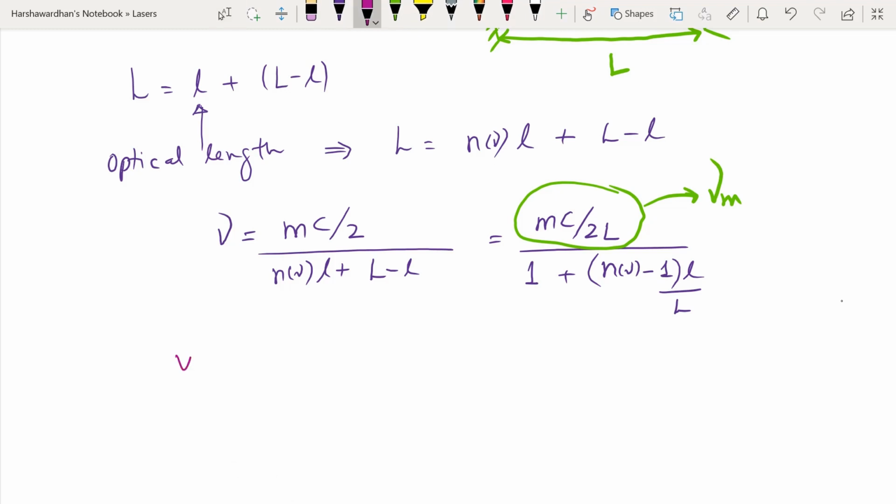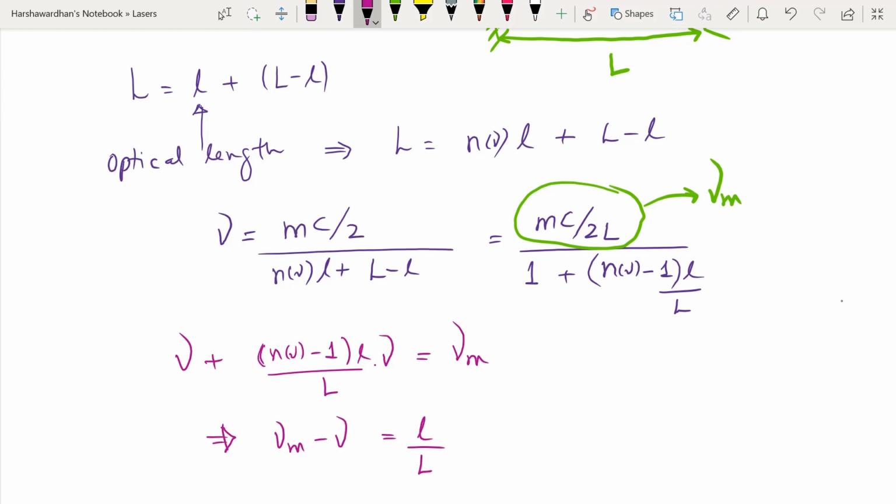I have nu plus, I'm taking this on the top, n of nu minus 1 times small l by capital L multiplied by nu equals, on the right hand side, all that I have is the bare cavity frequency, which if I rearrange can be written down in the following fashion. Nu m minus nu equals small l by capital L times n of nu minus 1 times nu, right?